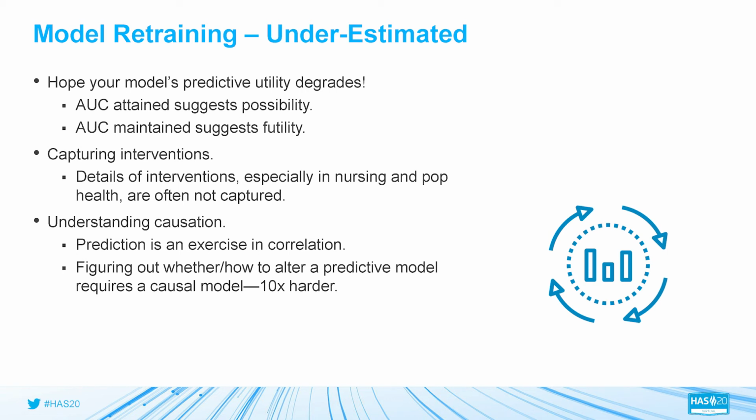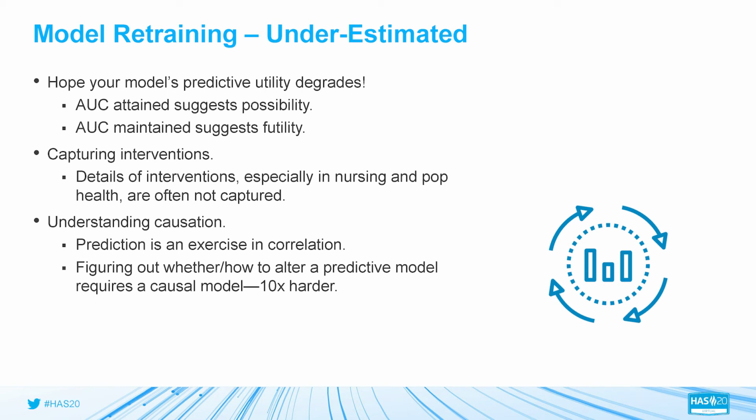It means that you can help separate out, find the Waldos who really could benefit from your outreach. But ideally, you have that model paired with a great intervention. And so now all of a sudden, your model is saying so-and-so is at risk for an inpatient admission or something else, and you carry out the perfect intervention to prevent that from happening. And now it looks as though your model is wrong. So you hope over time that your model performance goes down.